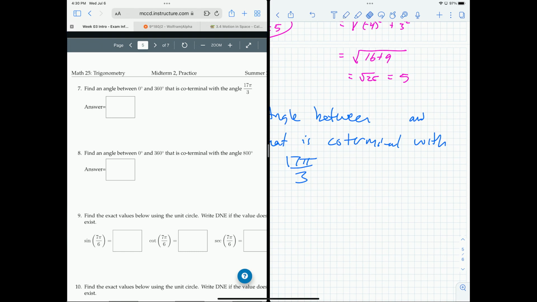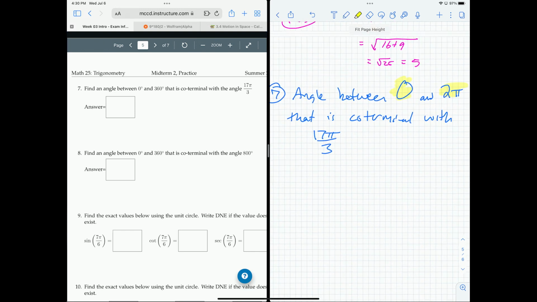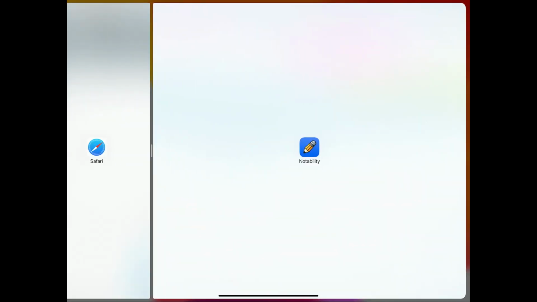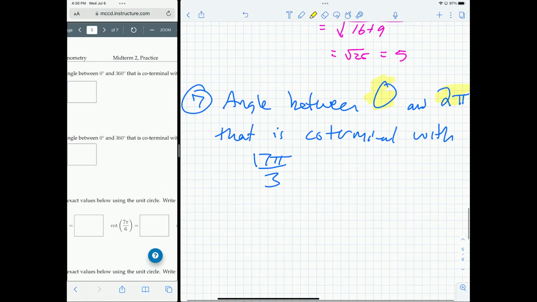Instead of 0 and 360, I should say 0 and 2 pi, if we're working in radians. On problem 8, we're doing degrees. Problem 7, we're doing radians. So I should label these correctly, 0 and 2 pi in radians. If you did it in degrees, I would give it credit, but this is what we're doing.